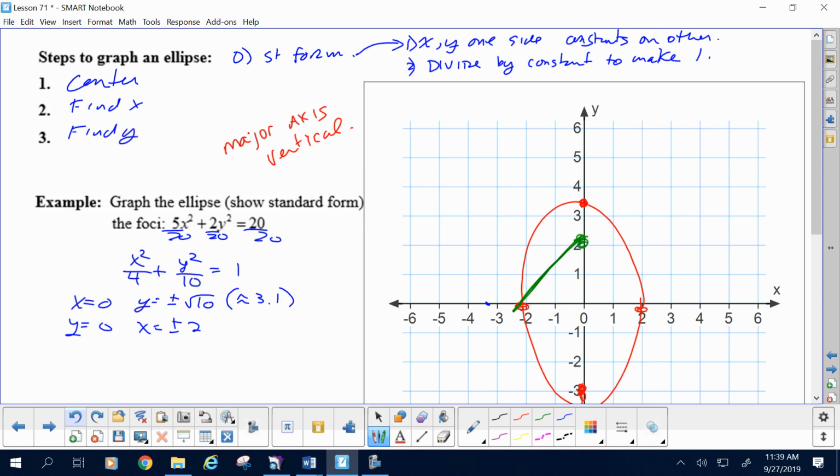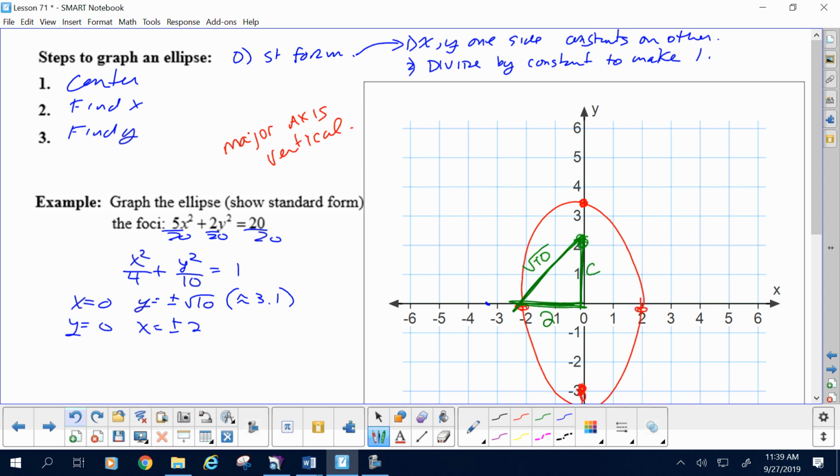Okay, so in terms of the three sides of this, do you know what this side is? What is it? 2. Do you know what this side is? No, that's what we need to find. The distance to that focus is what's to be determined. And how long is this? Root 10, yeah? Or 3-ish, all right?